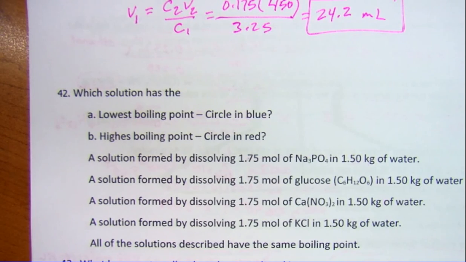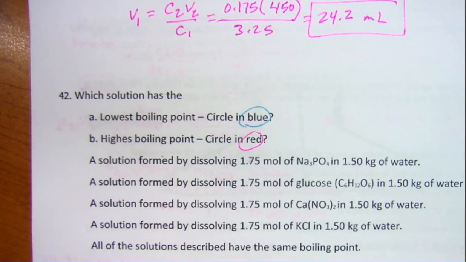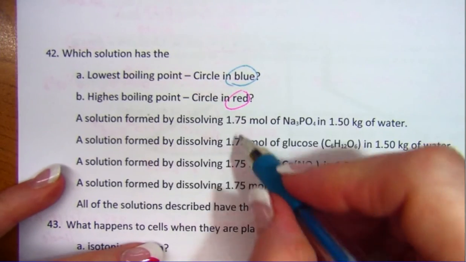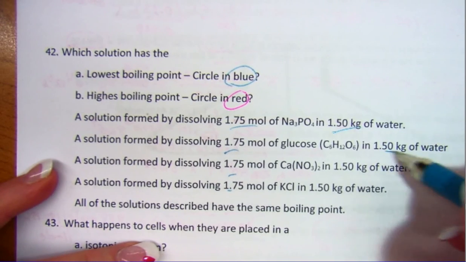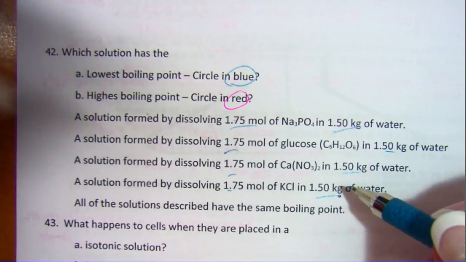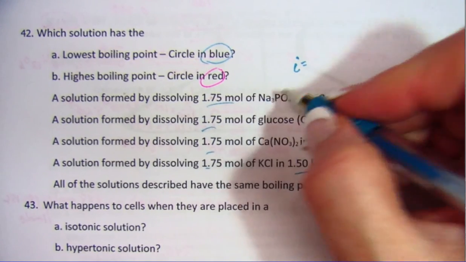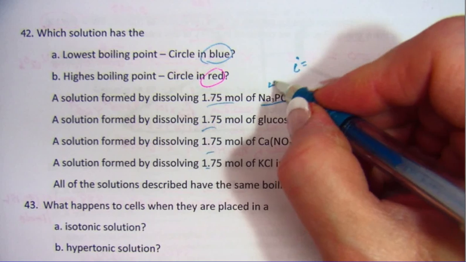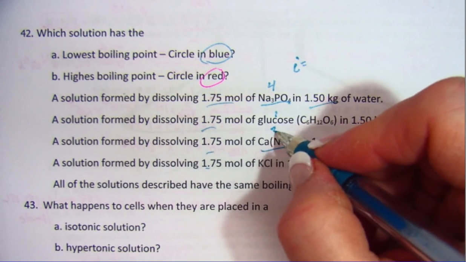Okay, which has the lowest, circle in blue, which has the highest, circle in red. So I'll use blue, and then I'll use pink. All right, so here again, same. So I'm looking for i here. It's all about i. How many parts will it break down in? This one, 4, 1. This one, 3.